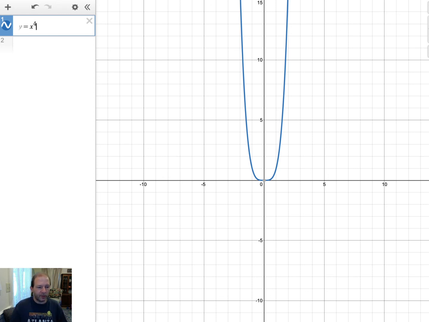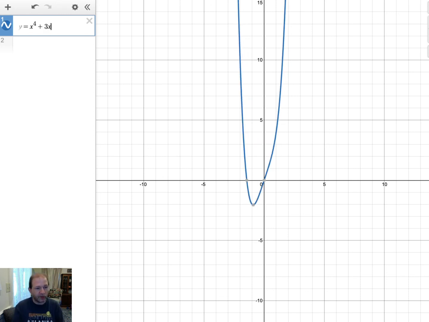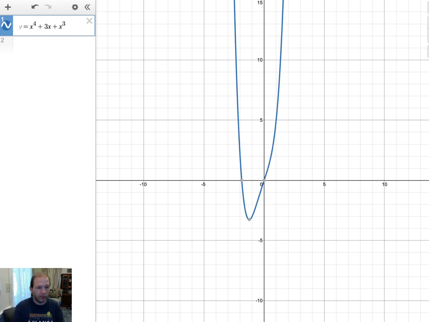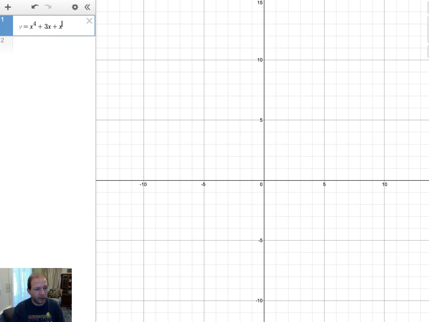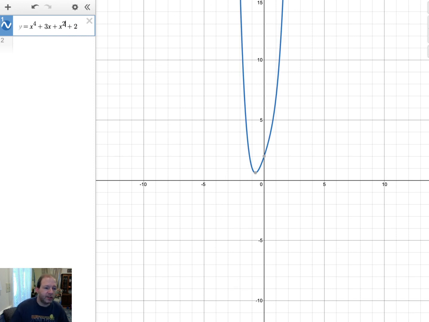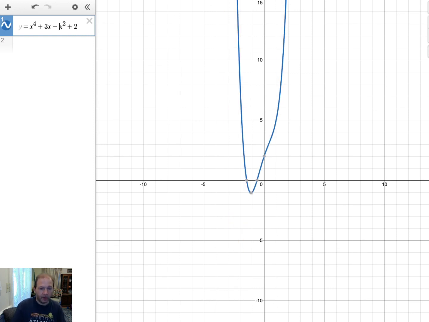And no matter what junk I add onto the end with smaller terms, it changes the shape of the graph, but the only thing that affects the end behavior is the leading term.